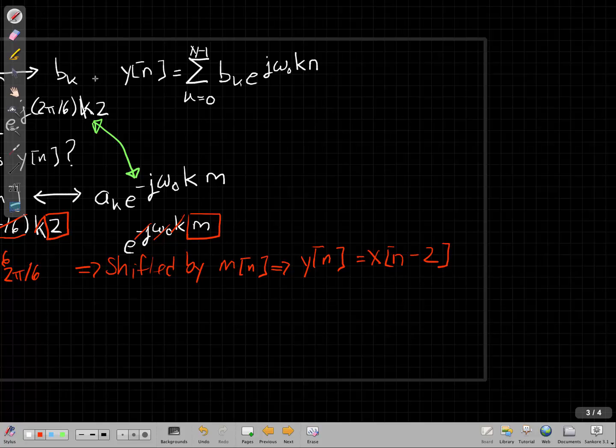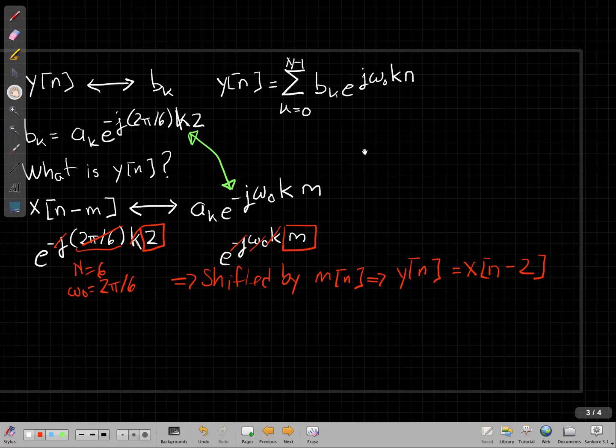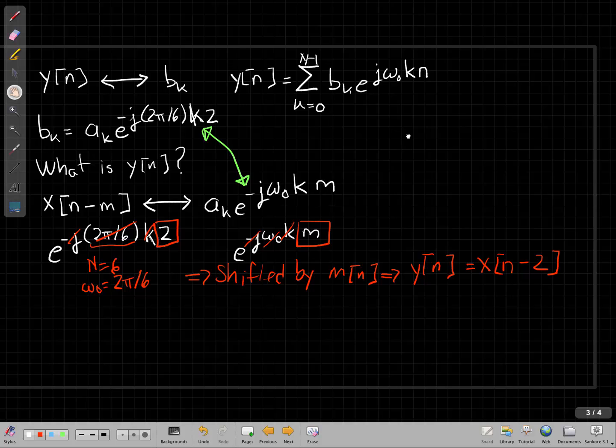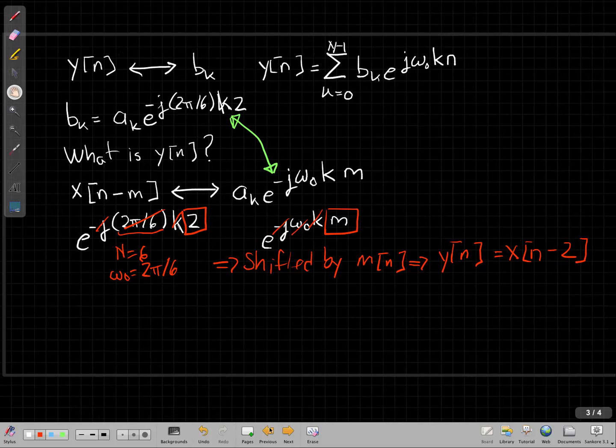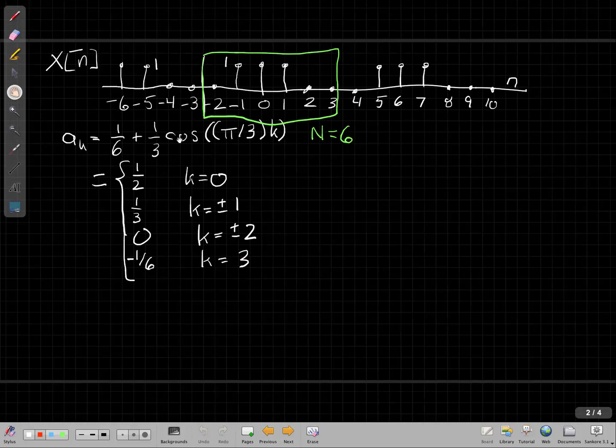So I can go back to that, get this page recentered. If I go back and look at my previous page, I can just take this periodic signal and shift it to the right by 2 samples, because I know that's what x of n minus 2 is.